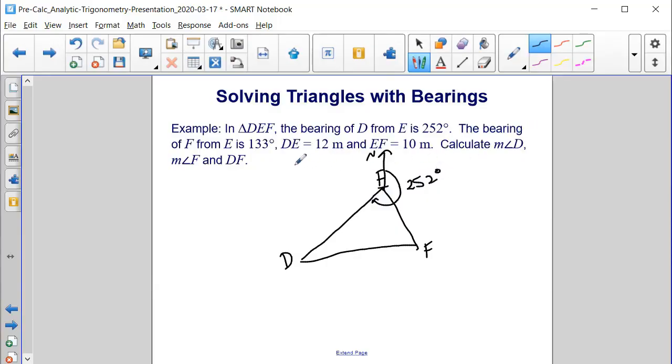And the bearing of F from E is 133 degrees. So that's the smaller angle right here, that's 133 degrees.